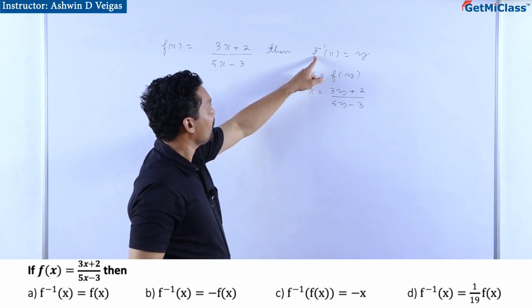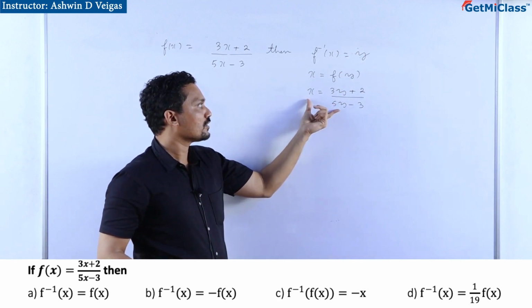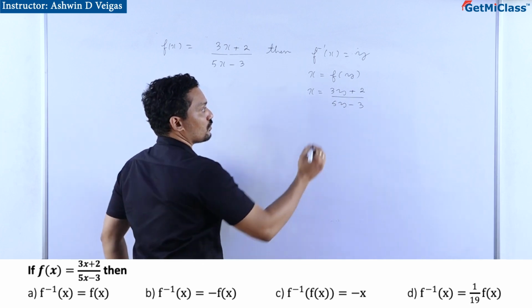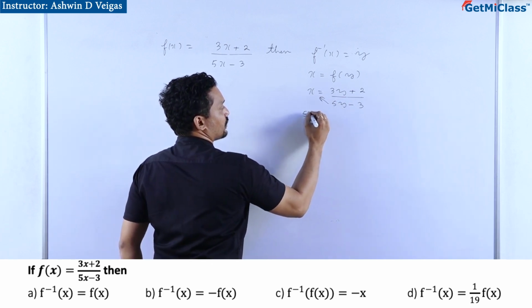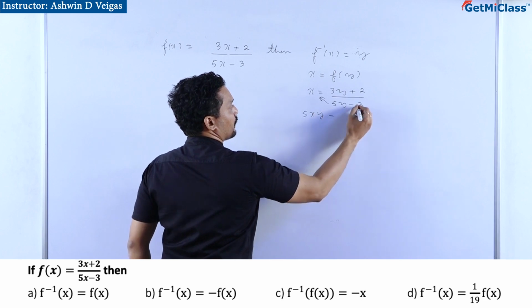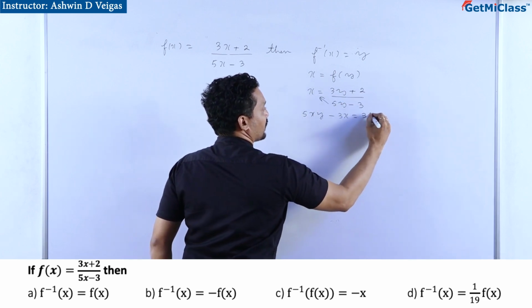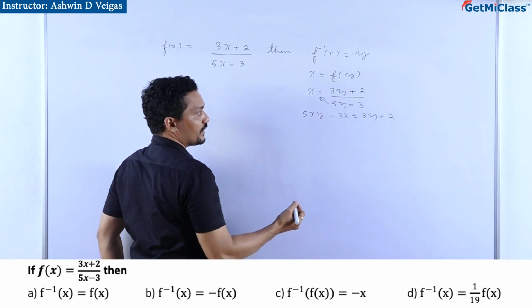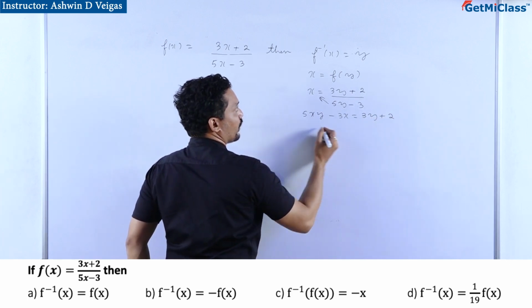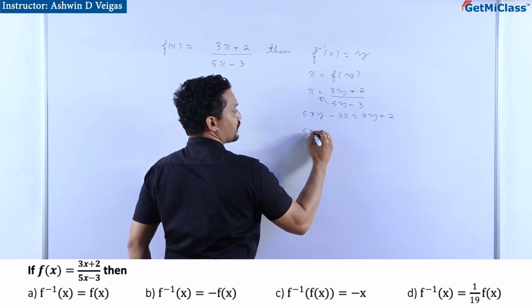Now, f inverse of x is y. That means from here you have to find y. So, we will cross multiply. So, 5y into x is 5xy, minus 3 into x, minus 3x, equal to 3y plus 2. We should find y, so we will bring y to one side. 5xy is already here.